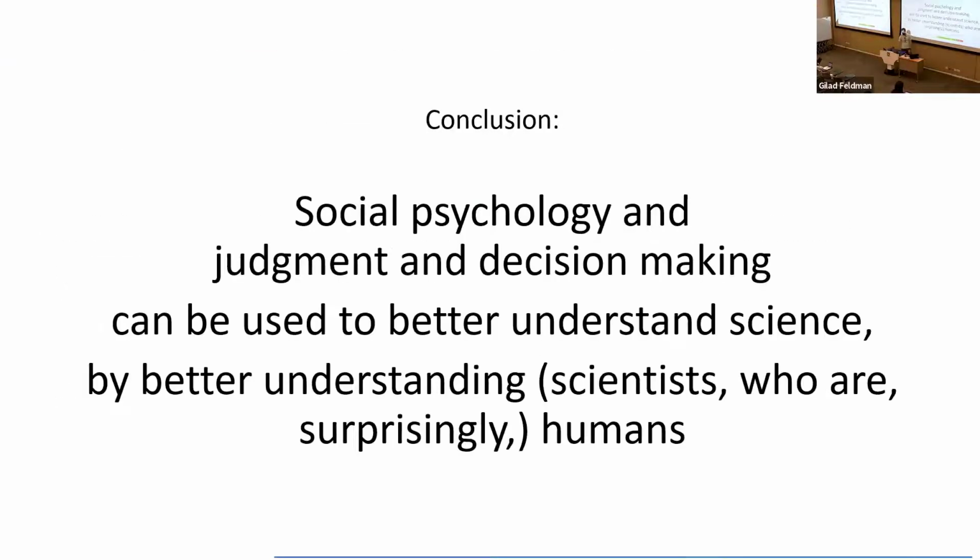Conclusion, and I think this is a very humbling experience as a researcher to understand that even after many, many years of doing research, and even after many years of teaching social psychology and judgment decision-making, and many projects and a lot of research and publications, we are still very much biased.